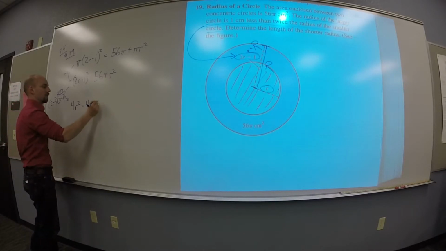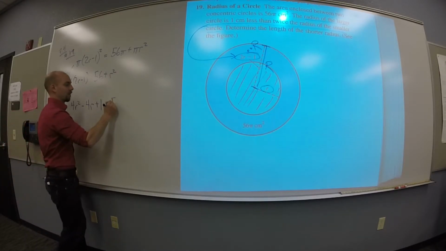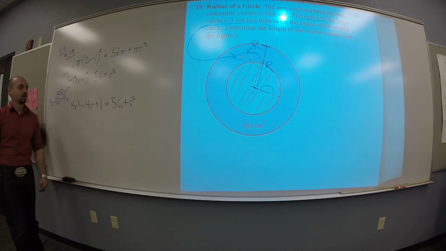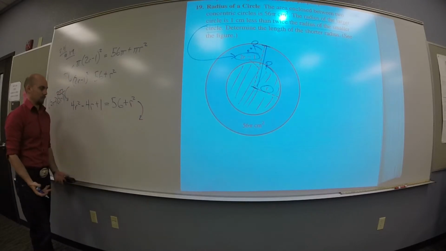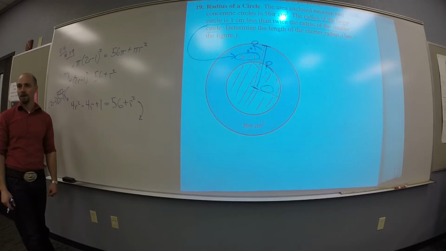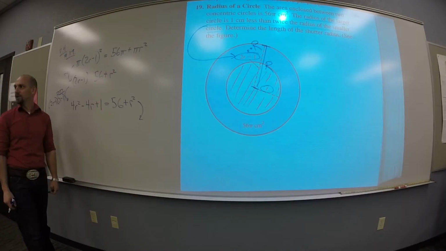Good. Equals 56 plus r squared. Okay, now if we're going to do this kind of quadratic or complete the square or whatever, I'd probably go for the quadratic formula on this one.